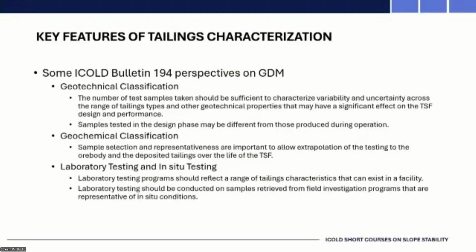So in terms of the ICOLD Bulletin 194, you need to do geotechnical classification, geochemical classification, and that includes then a range of lab testing and in situ testing. So in terms of the geotechnical classification, obviously you need to take a number of samples, both from the foundation and from the tailings, but up front in the design, that's not so easy to do.